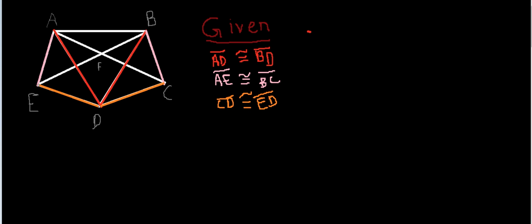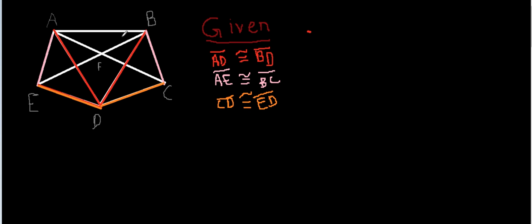Alright, so we learned that when two sides of a triangle are congruent, it's an isosceles triangle, and the angles opposite to those sides are also congruent.